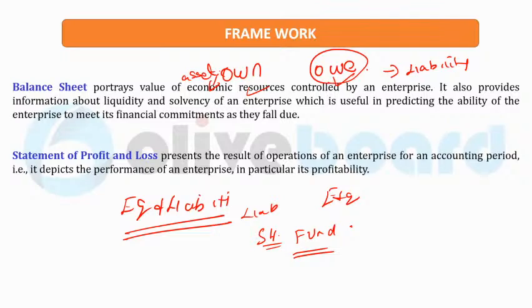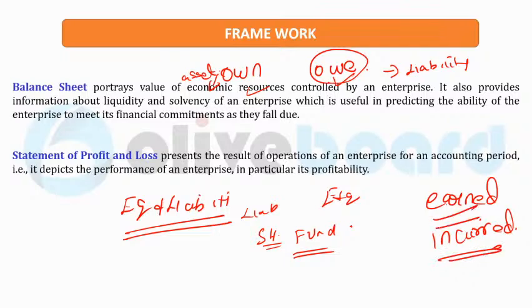And the second one is P&L. It is very simple. P&L tells me how much that company has earned and incurred. Earned the revenue, incurred the expenditure. Please remember these words: earned, incurred.